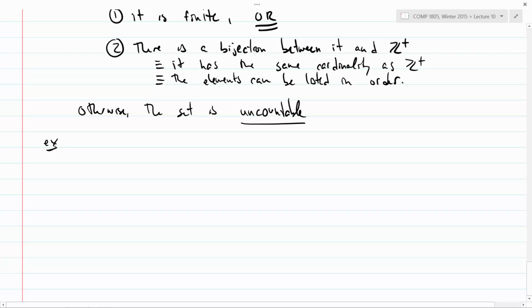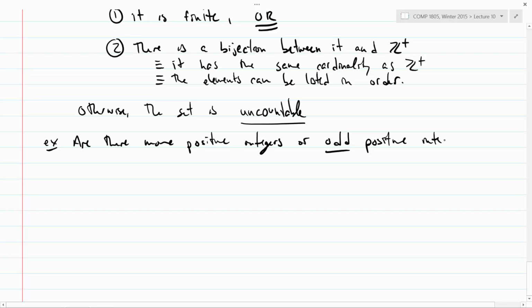So the very first question I'll ask you is, are there more positive integers or odd positive integers? So that's our question.